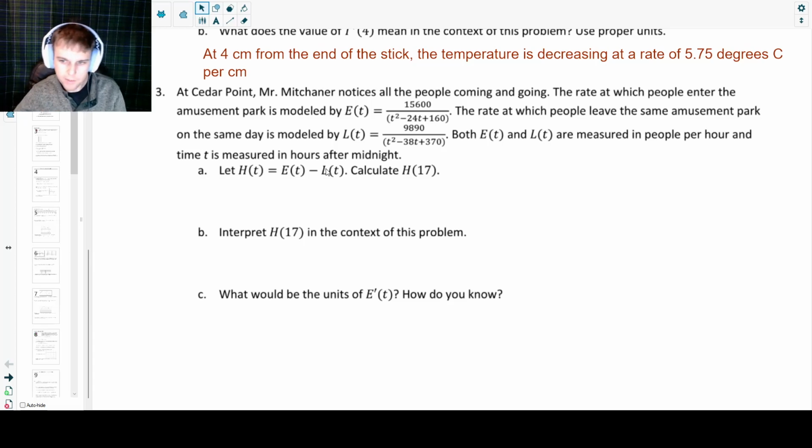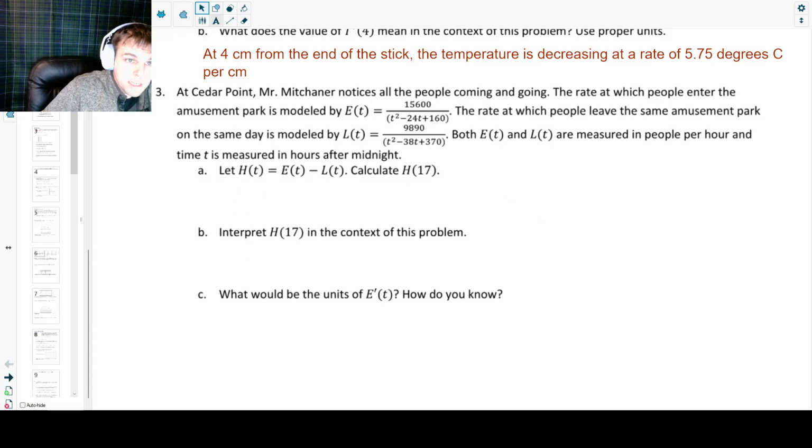If this value is positive, that means there are more people entering than leaving, which means the overall population of the park would also be increasing, with a positive rate of change. If this value is negative, E of t minus L of t, it means L of t is greater and we have more people leaving, which means the number of people in the park is decreasing, so we get that negative rate of change. Anyway, we're going to calculate h of 17.